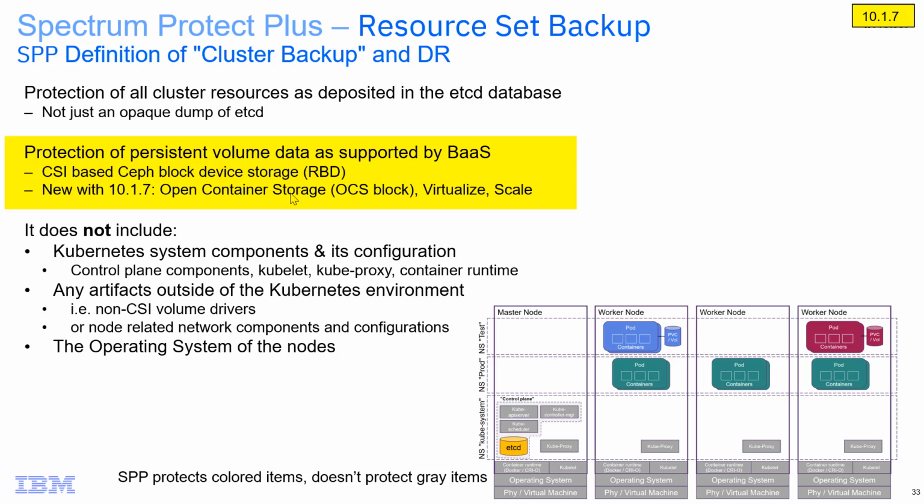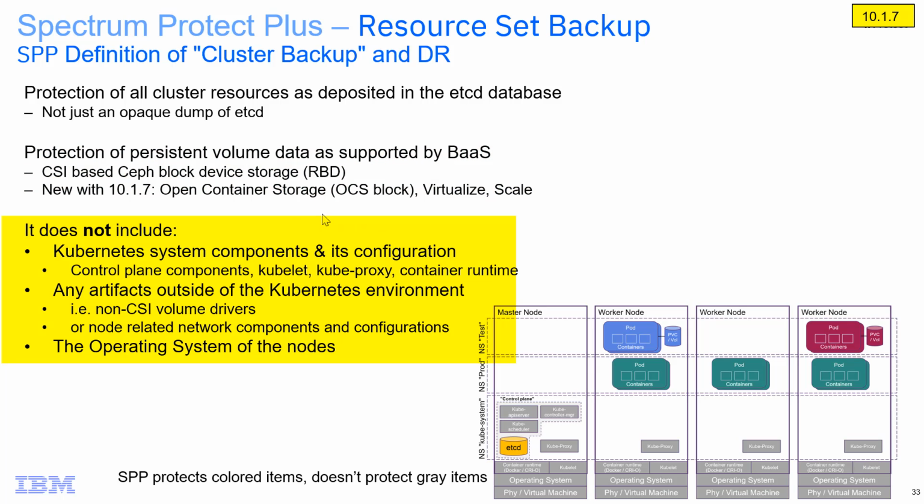And that would be the PVCs that are supported either by the CSI-based Ceph block storage, known as RBD, or new with 10.1.7, the Open Container Storage, which is the OCS block storage, or virtualize and scale. Spectrum Protect Plus's protection of the cluster backup does not include the Kubernetes system components and its configurations.